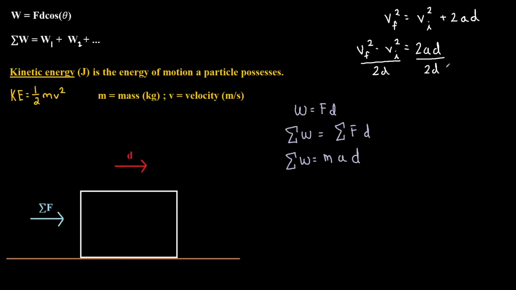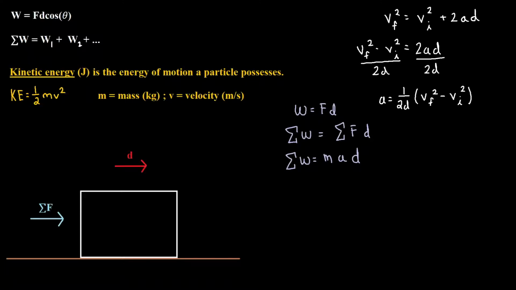Now we can solve for our acceleration, and that will equal 1 over 2d times the final velocity squared minus the initial velocity squared. Now let's plug this in to our work equation.